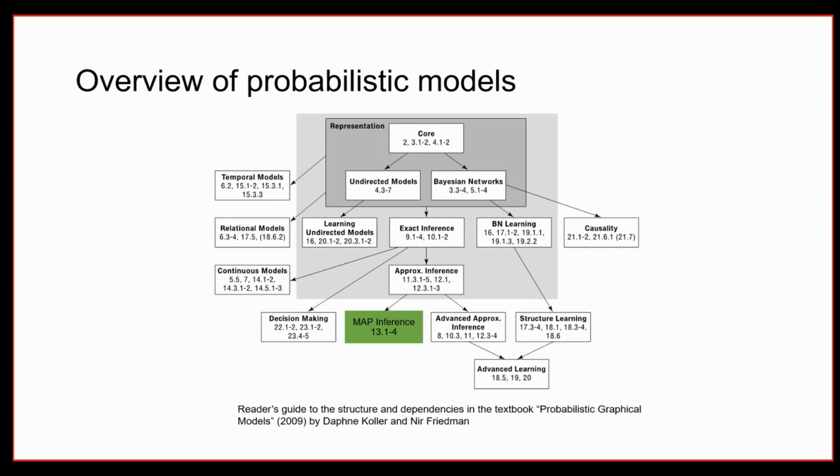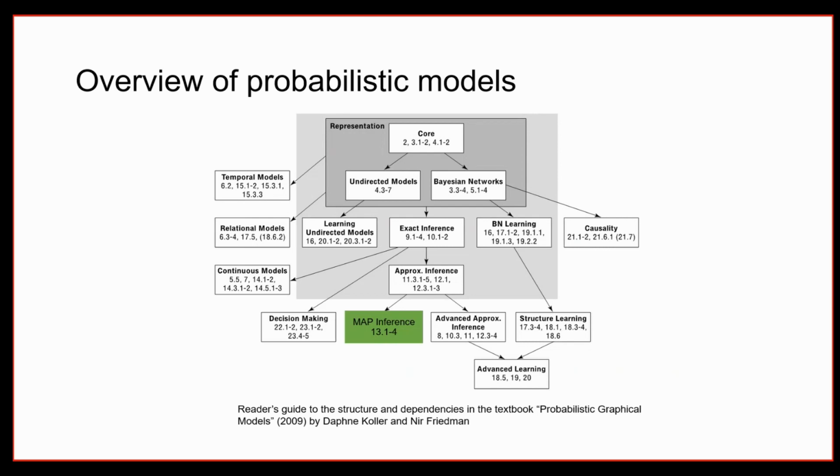Today's talk will be about a particular aspect of probabilistic models called MAP inference. This is just one aspect of probabilistic models. There are a lot of other aspects which are important. For instance, you want to actually learn these models before you do MAP inference, like learning undirected models.